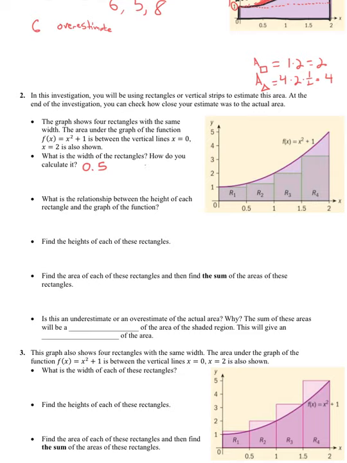I could do 2 divided by 4. That gives me 0.5. Or I could just look at it and say, okay, this goes from 0 to 0.5. This goes from 0.5 to 1, 1 to 1.5, 1.5 to 2. That's the other way I could look at this. But that's where the width of each rectangle comes from.